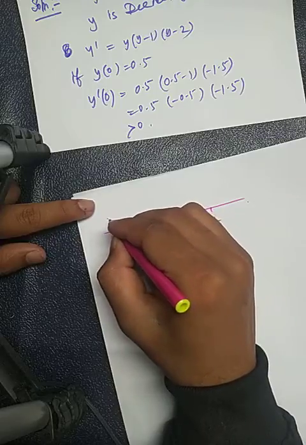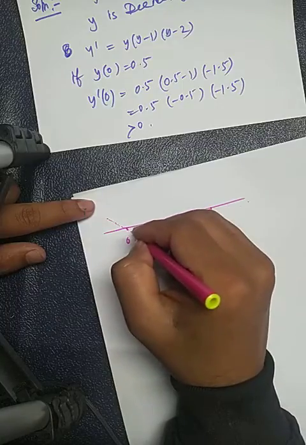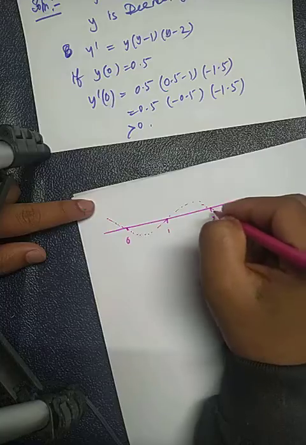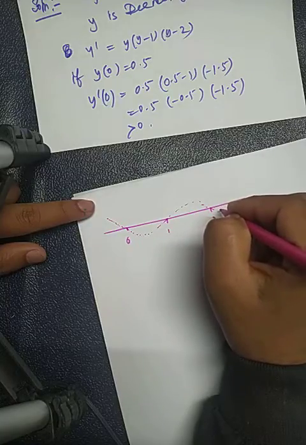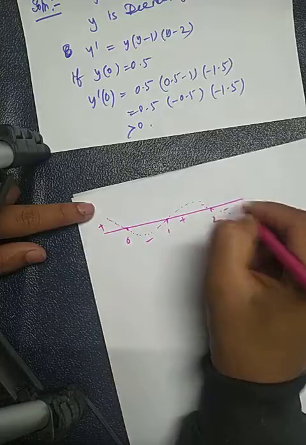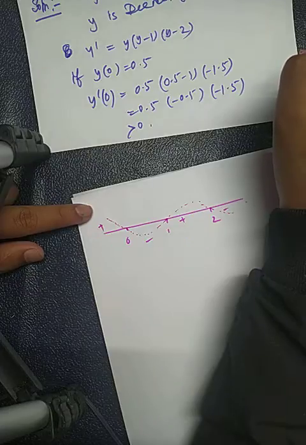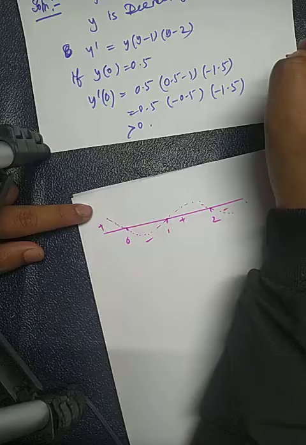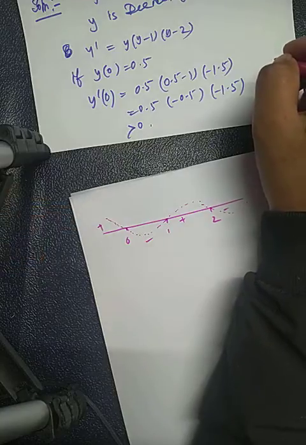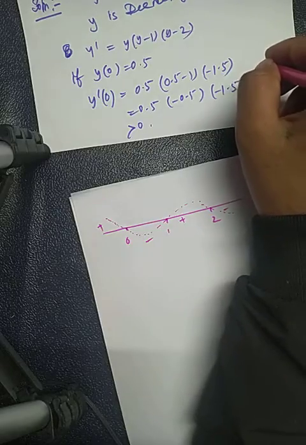In between 0 and 1 it is positive, in between 1 and 2 this is negative, then beyond 2 it is positive. So the sign alternates: positive, negative, positive. y of 0 is 0.5 does not mean that it is decreasing, because y dash is equal to this, so we cannot say this from here. So that is an important concept.